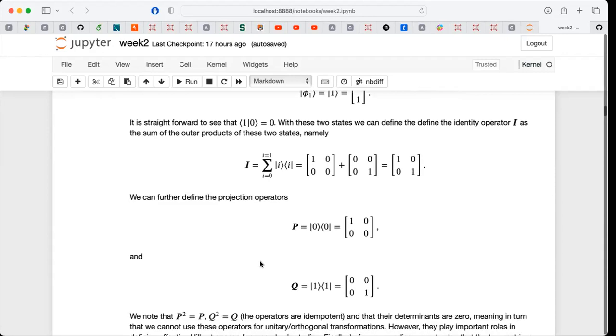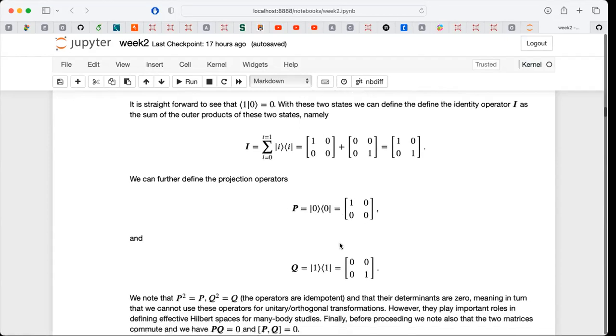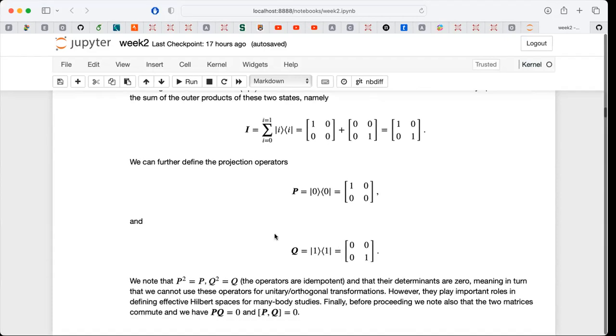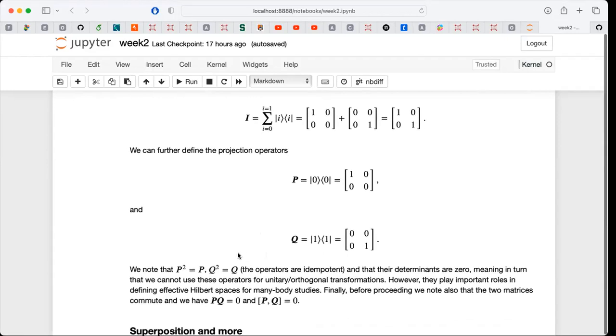Then we had in addition the projection operators. So this operator P projects out the component 0 if we have a linear superposition of these 0 and 1 states. And then we had the other operator Q here. These two operators are so-called idempotent operators.